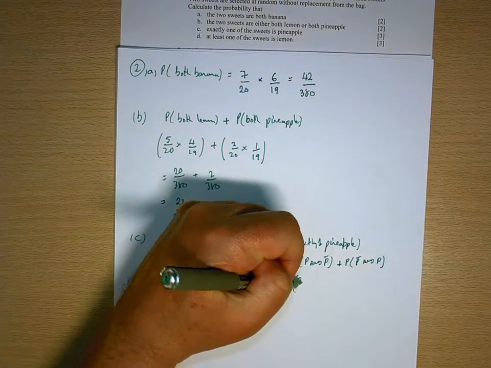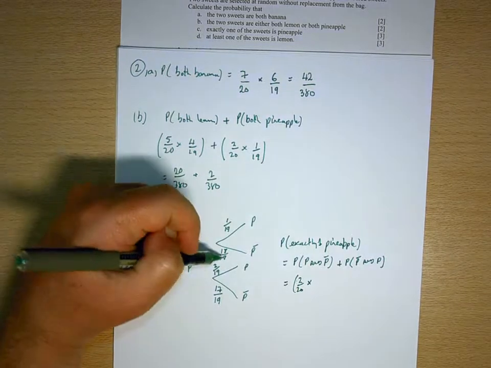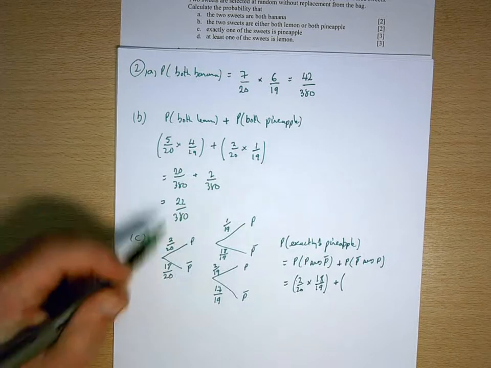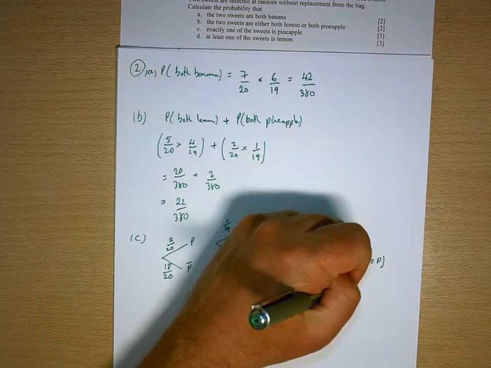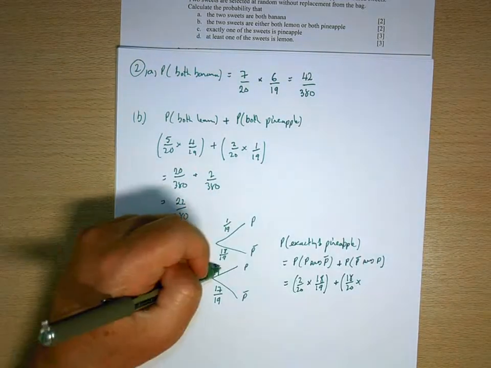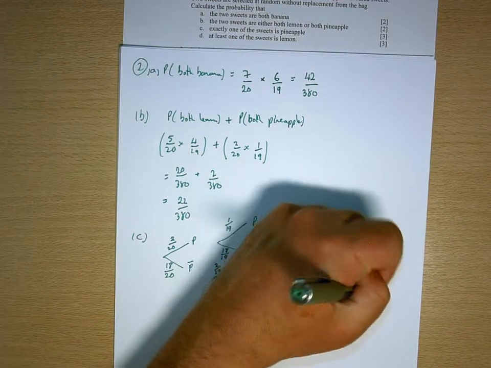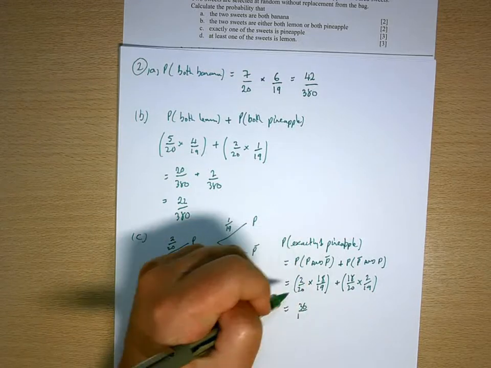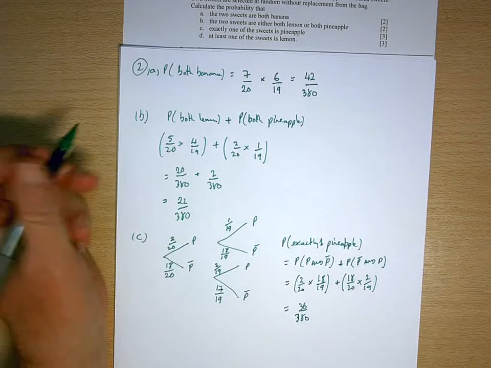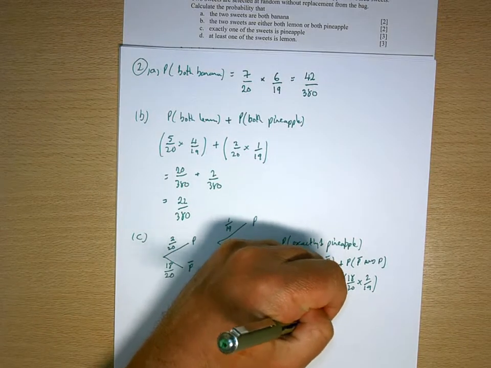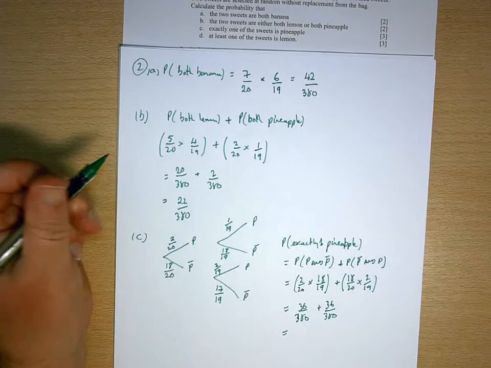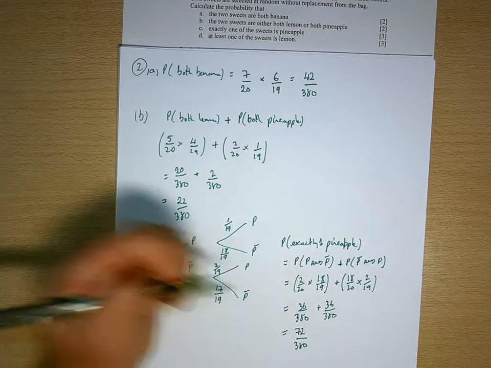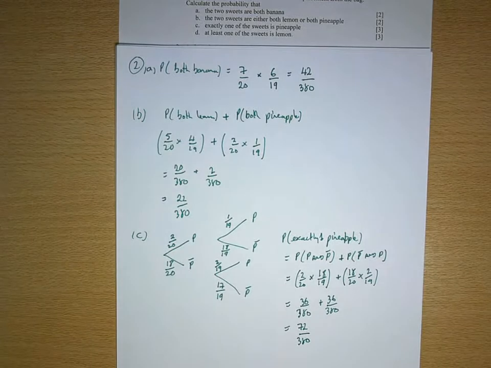So we have 2 out of 20 times 18 out of 19, or we have 18 out of 20 times 2 out of 19. So that's 36 out of 380 plus 36 out of 380, which is 72 out of 380.